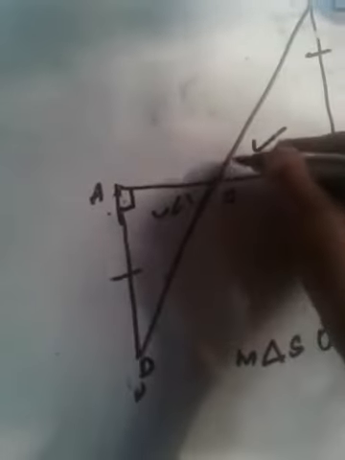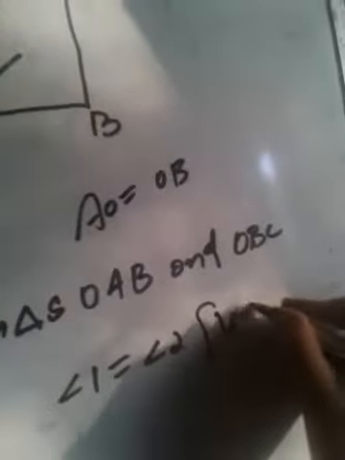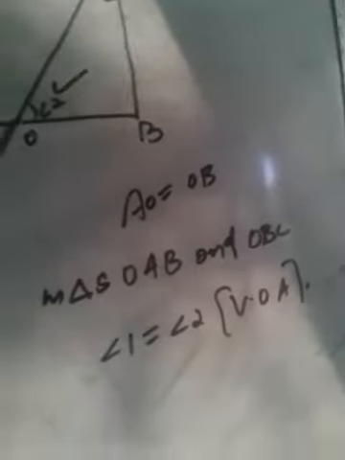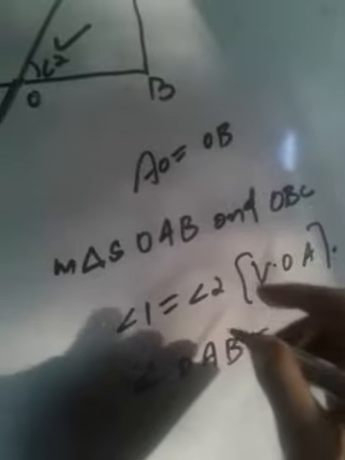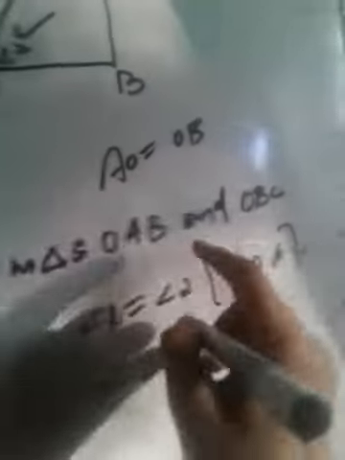So let us make them congruent. Let us name these angle 1 and angle 2. We will write angle 1 equals angle 2. Why? Because vertically opposite angles are always equal. Then angle OAD equals angle OBC.